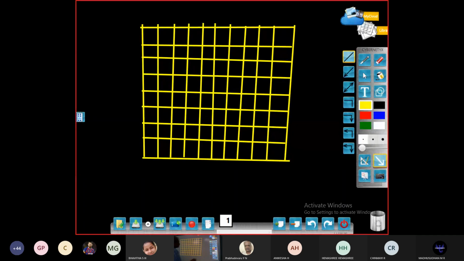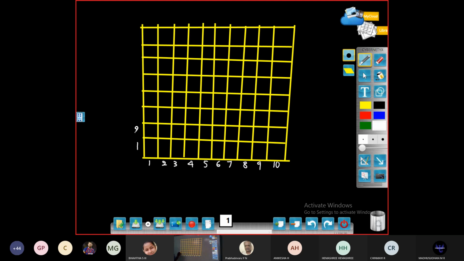Now you can write the numbers like this: column number 1, 2, 3, 4, 5, 6, 7, 8, 9, 10. There are 10 columns. Rows also, let us write here: first row, second row, third row, fourth row, fifth row, sixth, seventh, eighth row. Like that you can mention the number of rows.